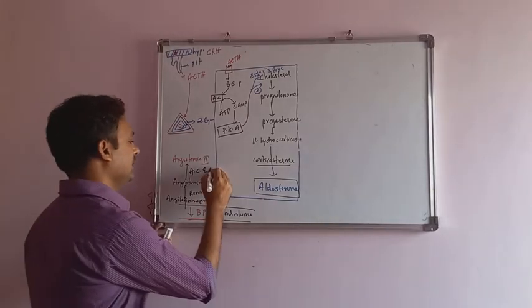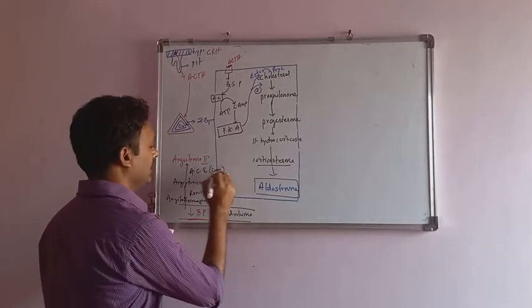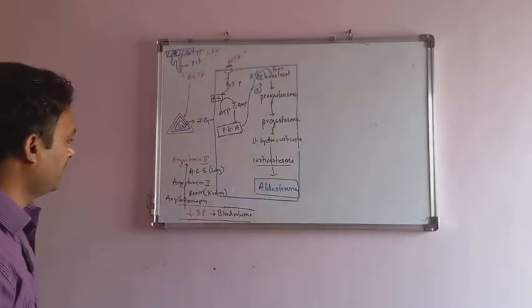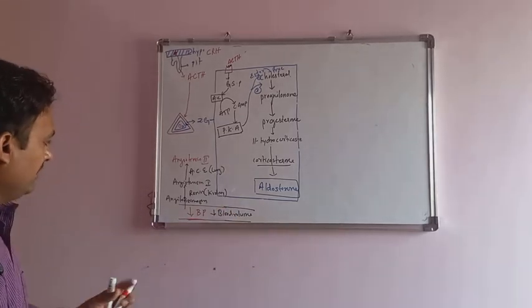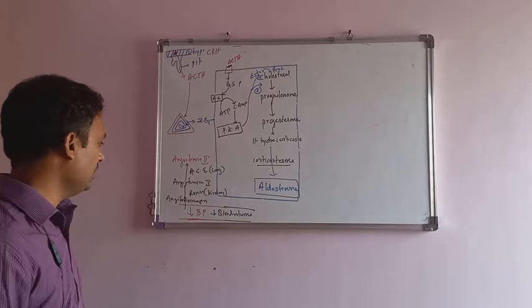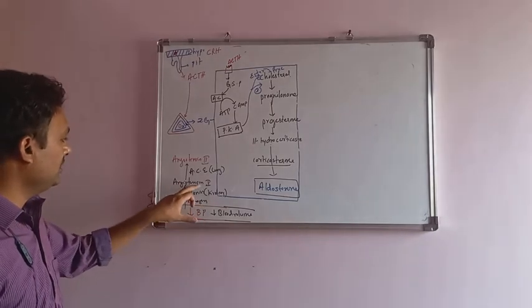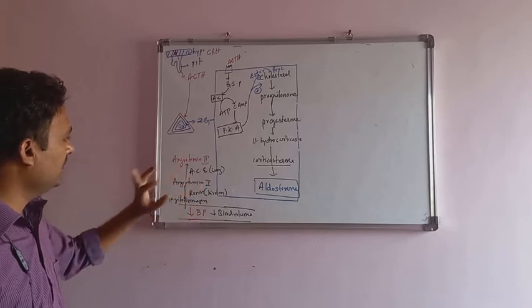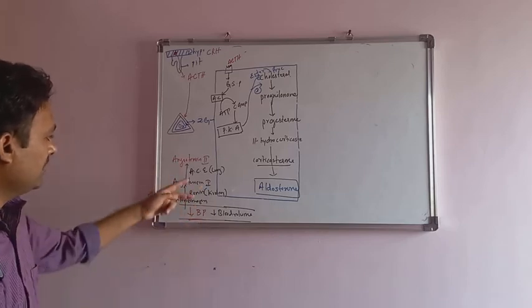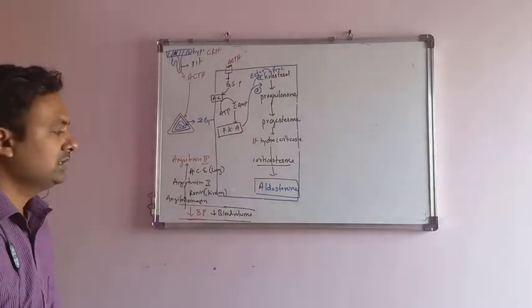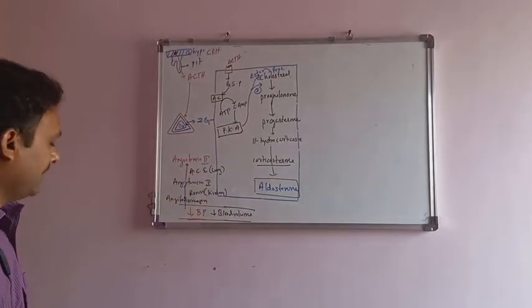From where does it come? It comes from the lungs. So whenever the blood pressure or blood volume goes down, these things will happen in the body, through renin and angiotensin converting enzyme.